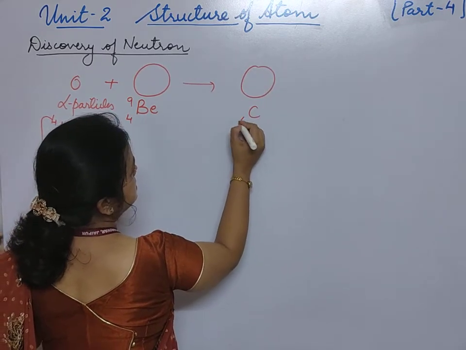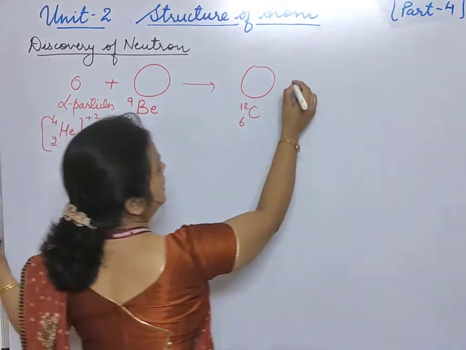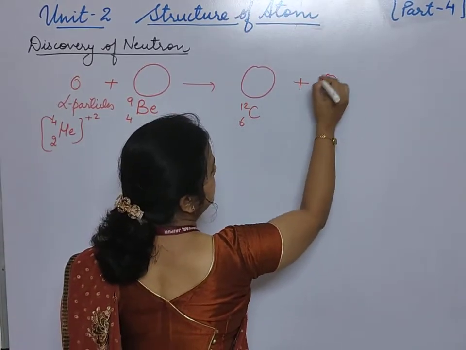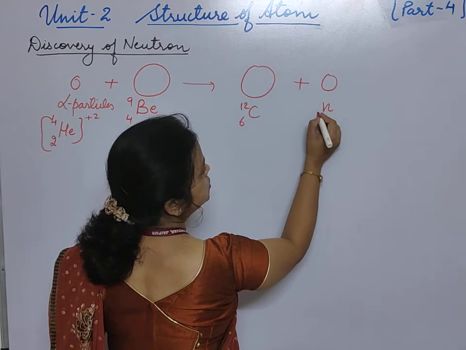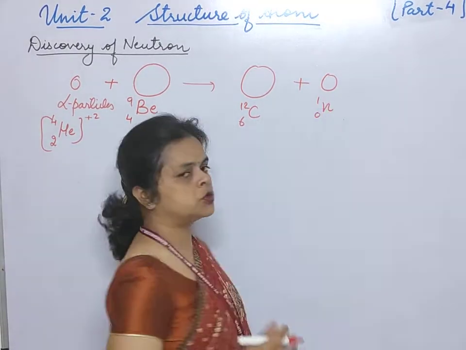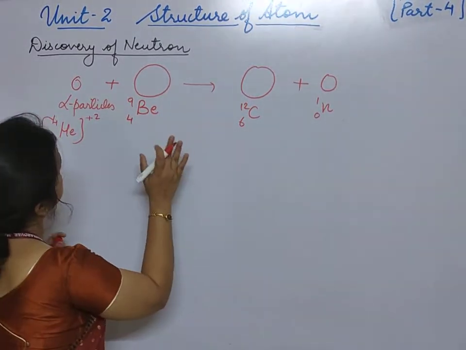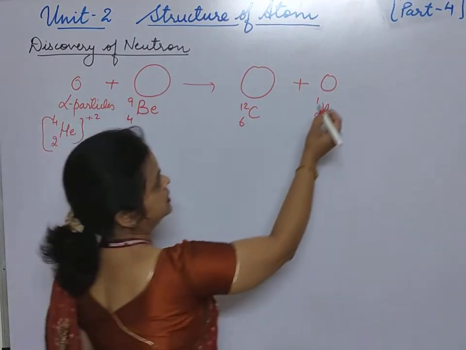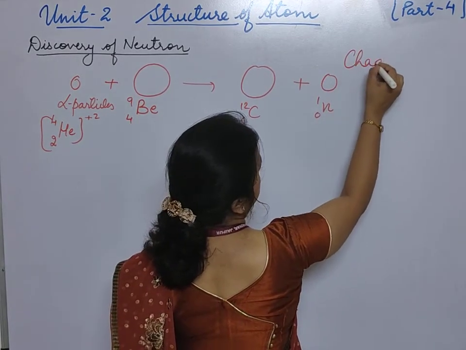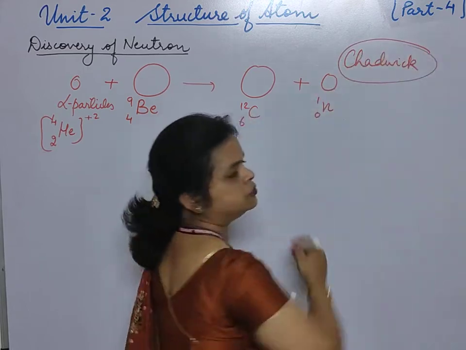Carbon 6, 12, atomic number 6 and mass number 12, and along with this some particles were formed which were electrically neutral, but their mass was almost equal to that of proton. So he discovered, who? Chadwick. The credit goes to Chadwick for the discovery of the neutron.